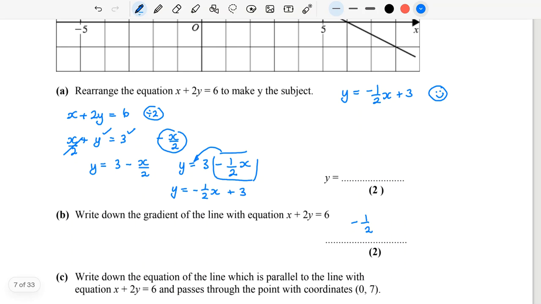This is fundamental to this part, which is that this form of the equation, y equals mx plus c, has a particular name, which is called gradient intercept form. Why do you think it's called gradient intercept form?